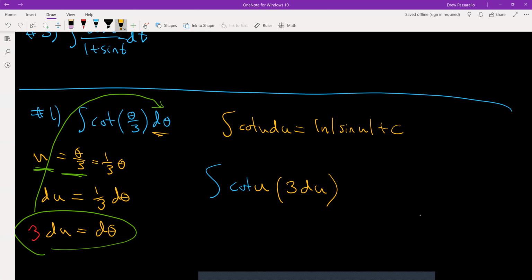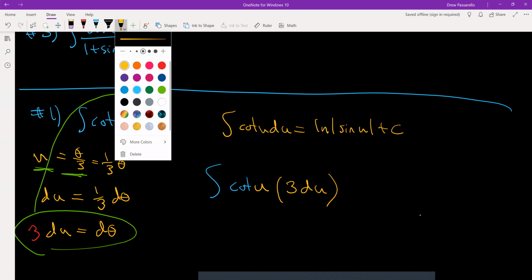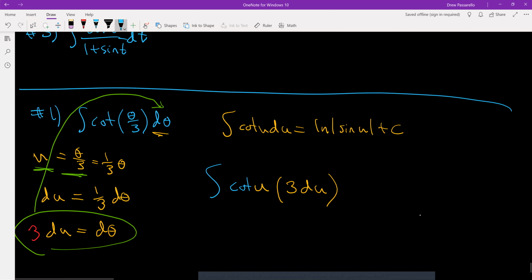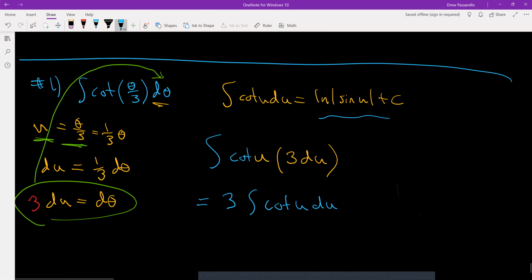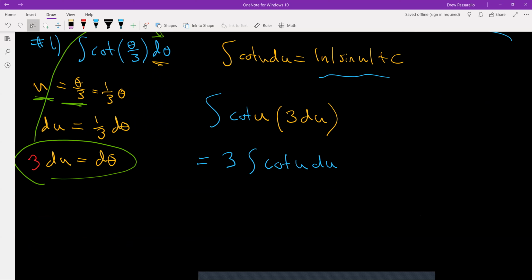So now I'd factor out the 3 in front of the integral. And so I have my cotangent of u du, which turns into the natural log of sine of u. So this will be equal to 3 times ln of sine of u plus c.